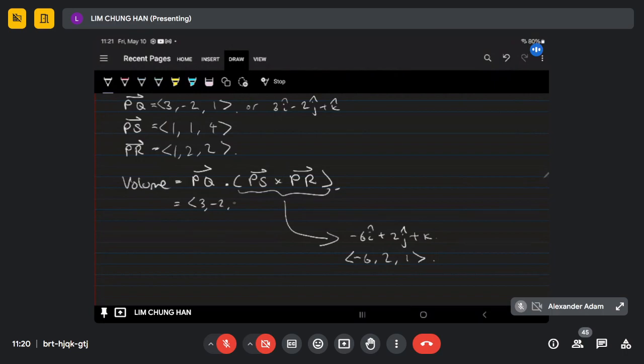3, negative 2, 1 dot negative 6, 2, 1. What answer do you get for the volume? Negative 18.